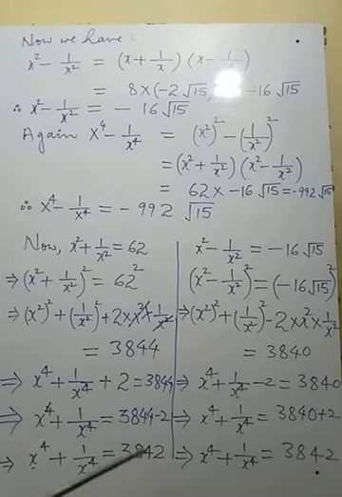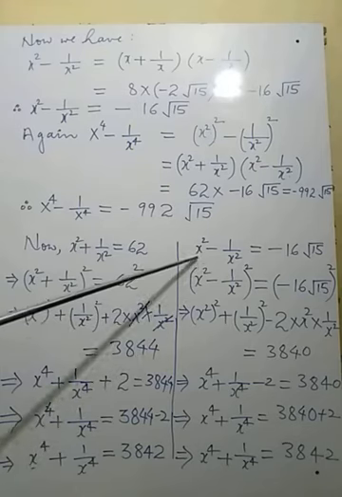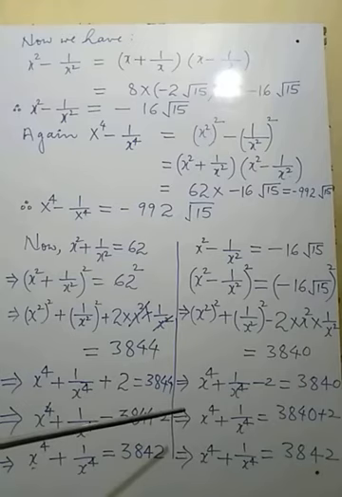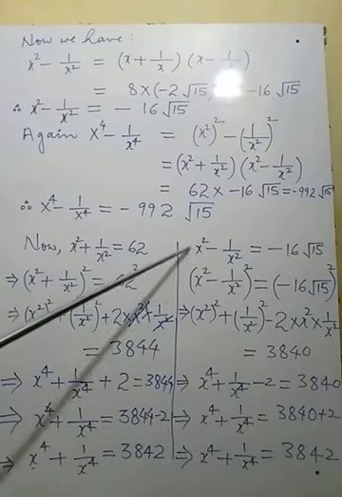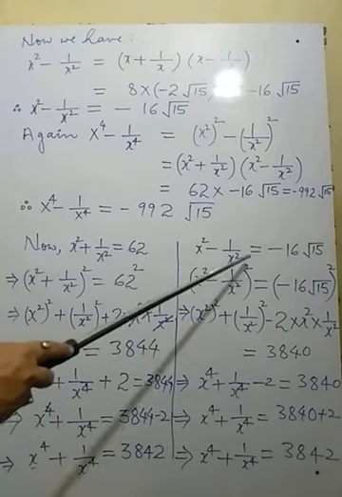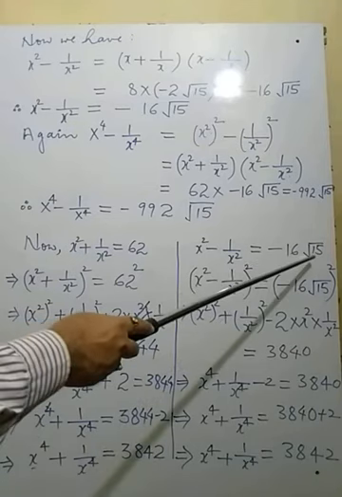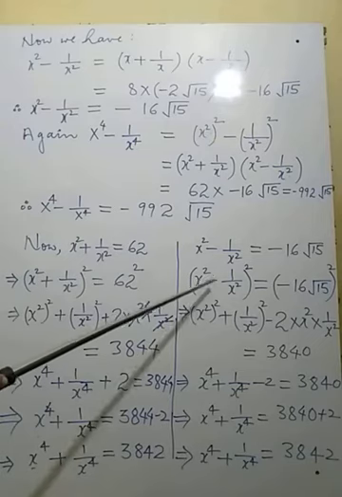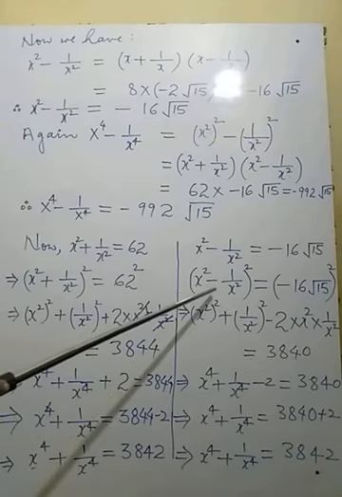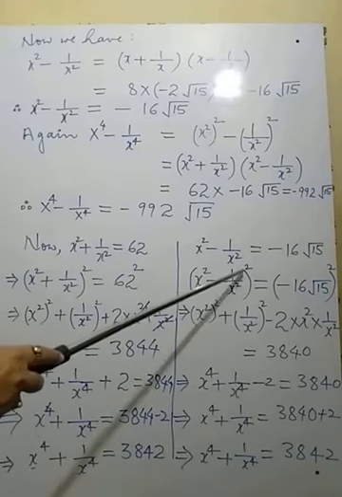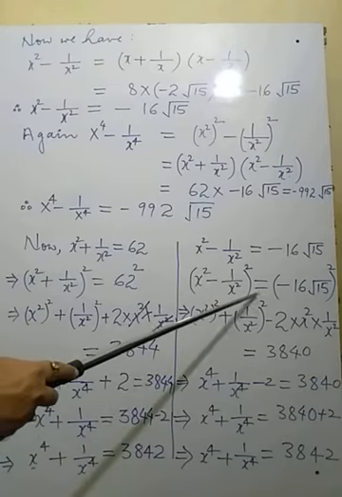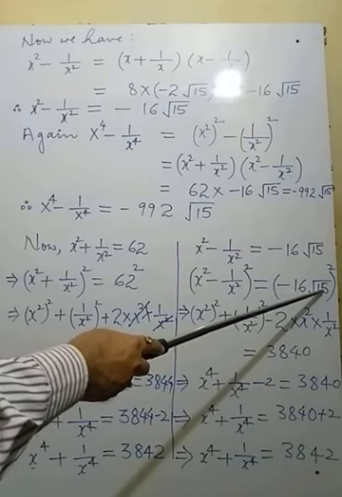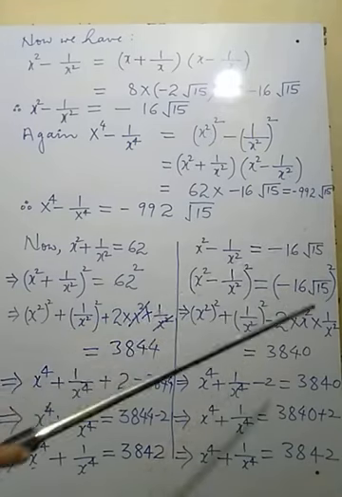Similarly, we can take x square minus 1 upon x square also. The same result will be there. See how is it? X square minus 1 upon x square equals minus 16 under root 15. Now squaring both the sides, squaring left hand side, it will be x square minus 1 upon x square whole square equal to minus 16 under root 15 whole square.